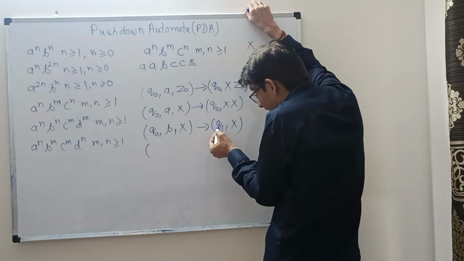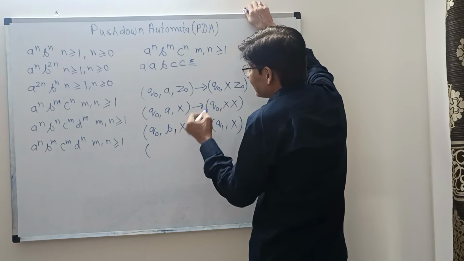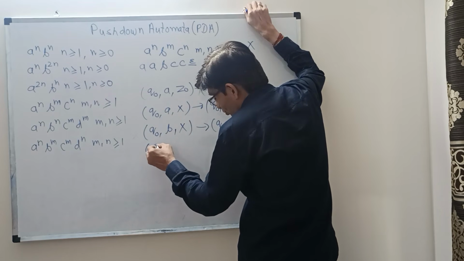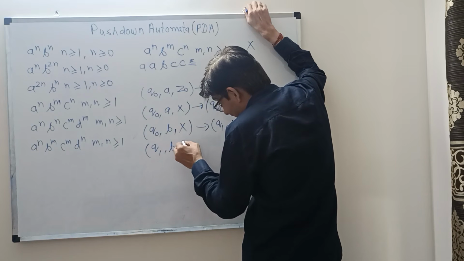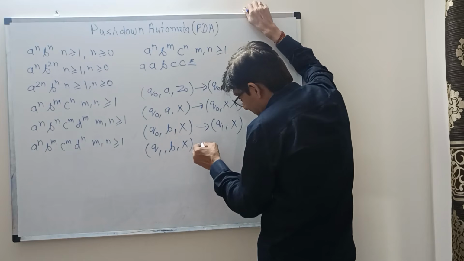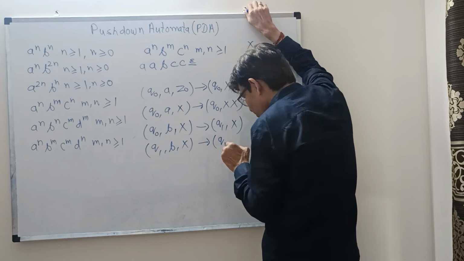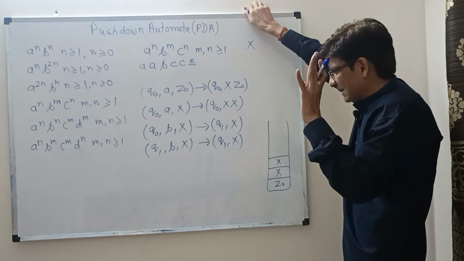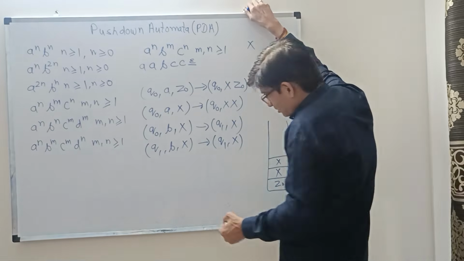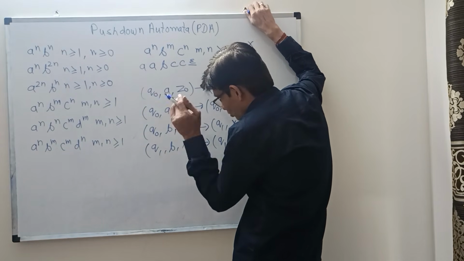Now in Q1 you can get B again, and the stack top is still X, so I can stay in Q1 and keep the stack as it is. For all these B's you can use this rule.